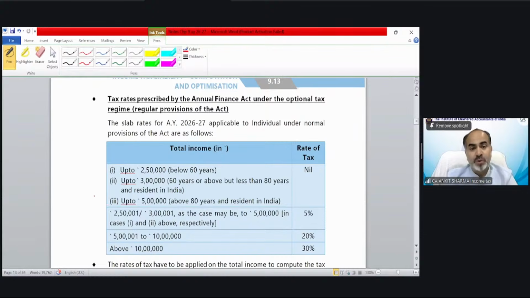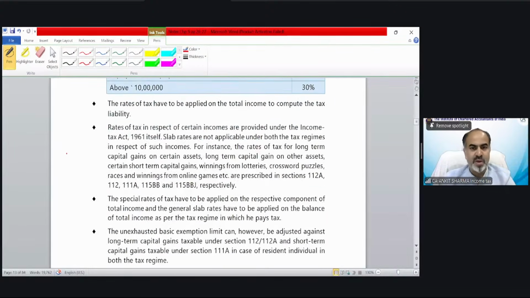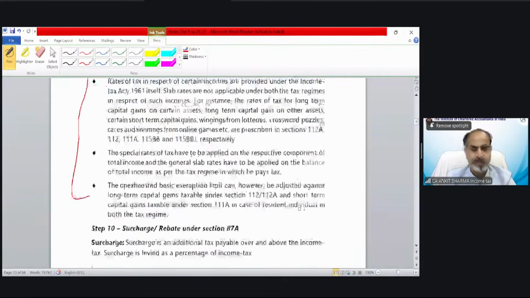But in case of optional tax regime, the limit would change. It could be 2.5, 3 lakh or 5 lakh depending upon the individual's age and residential status. Then it's 5% rate, then 20% and then 30%. Then we have some special rates of taxes. These are the rates of taxes which would be charged according to the income.